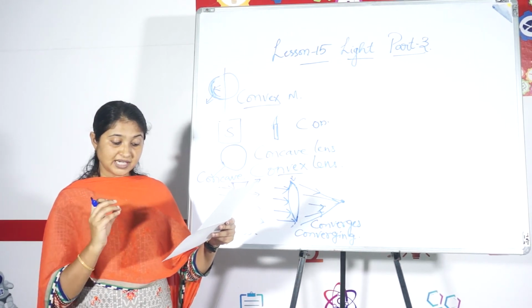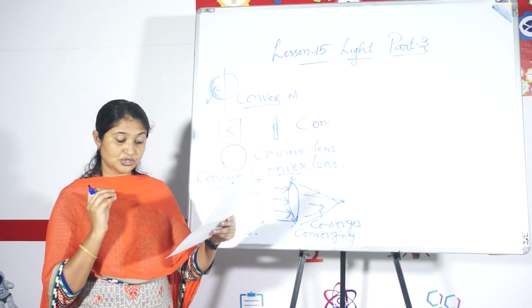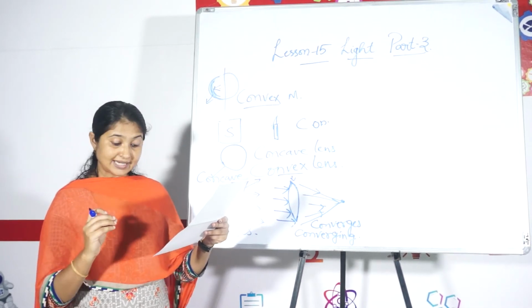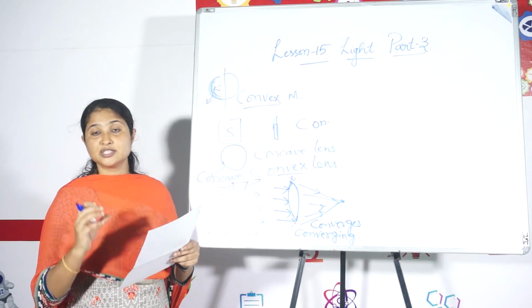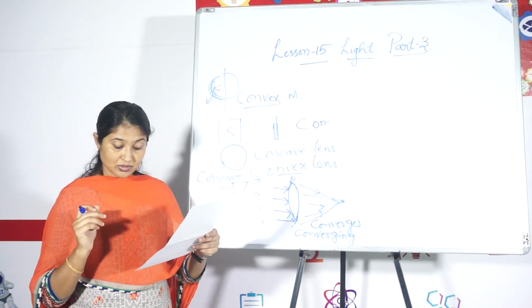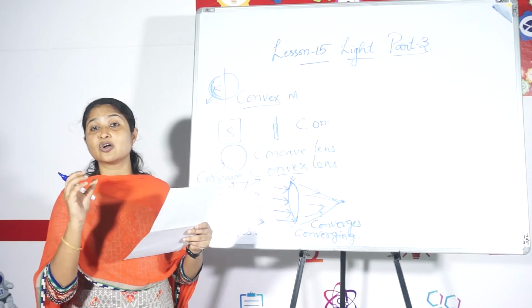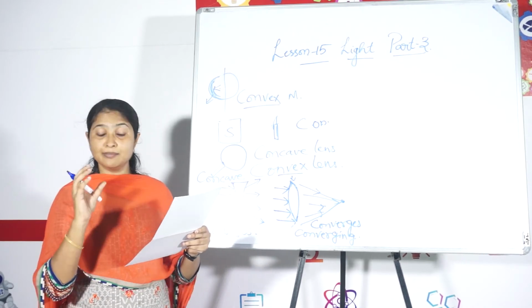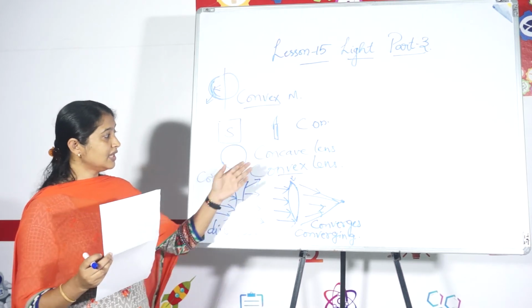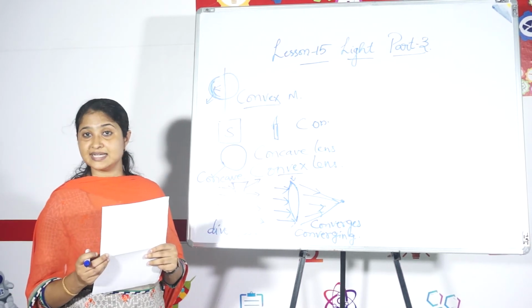When an object is kept close to the lens, the image formed is virtual, erect and magnified. So you can see things bigger in case of a convex lens. That is why this convex lens is used in the magnifying glass. Okay, that is about the concave and convex lens.